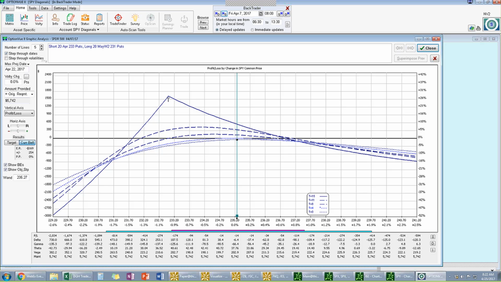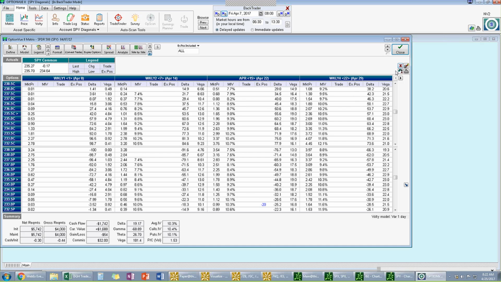One order being to take out the front leg if you drop slightly below the short strike, and the other to take out the entire position as a profit, one canceling the other.